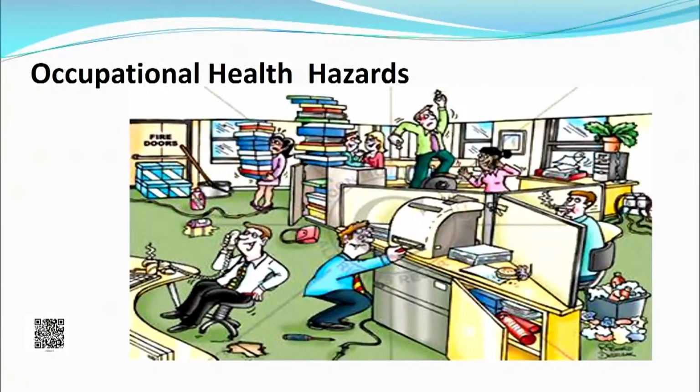So there is a figure that explains how occupational health hazards arise. Scientific studies indicate that occupational diseases and work-related health problems are prevalent among workers involved in heavy physical activities.